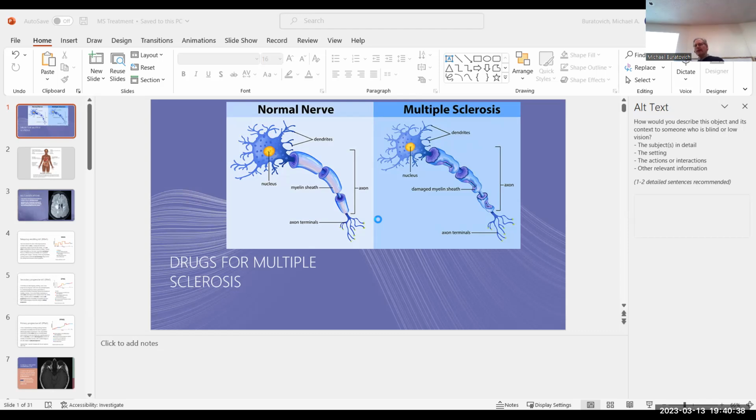Secondary progressive MS starts out usually as relapsing remitting. And over time, the symptoms and the functional decline start to become continuous, hence the straight line you see there.